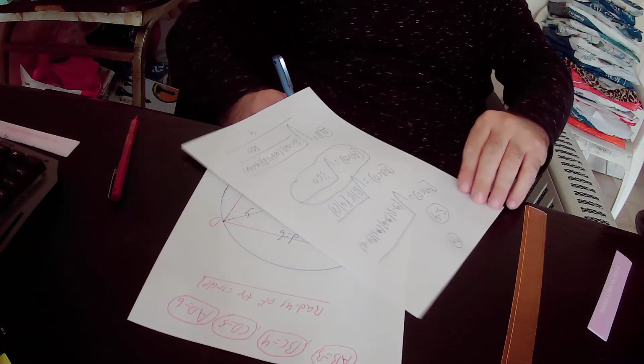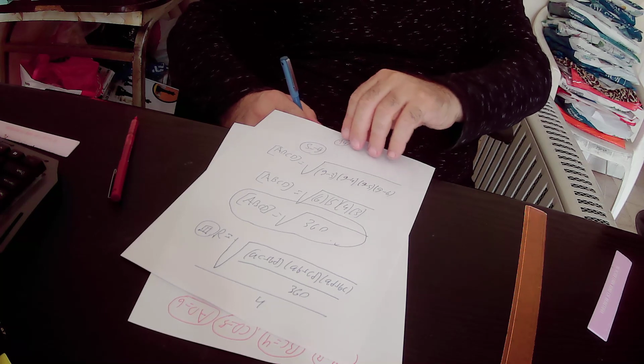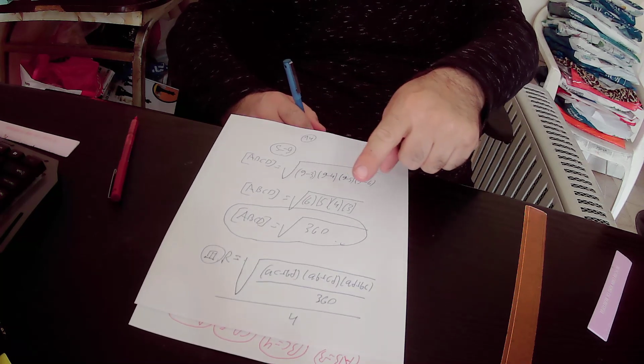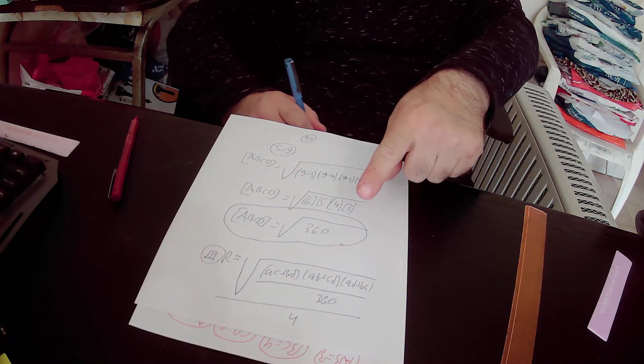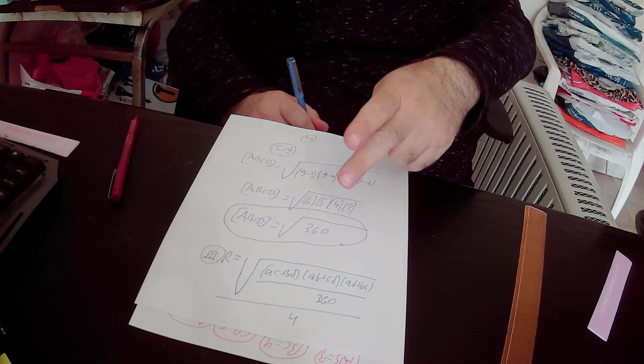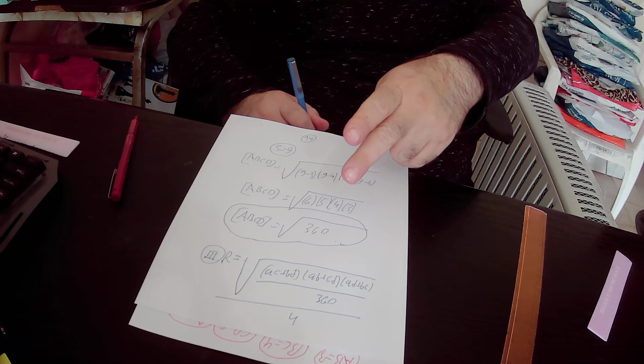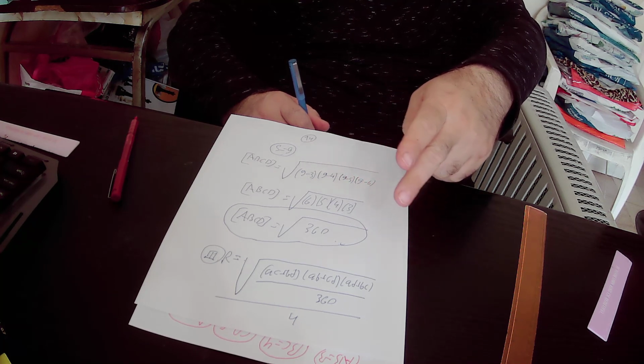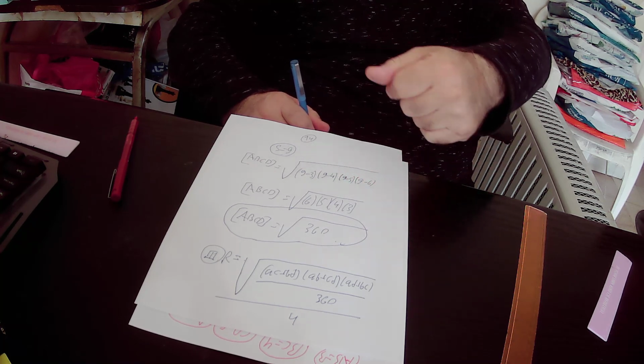So the only thing left in order to find the radius of the circle is to substitute A, B, C and D by the values 3, 4, 5, and 6 that are given in the question.